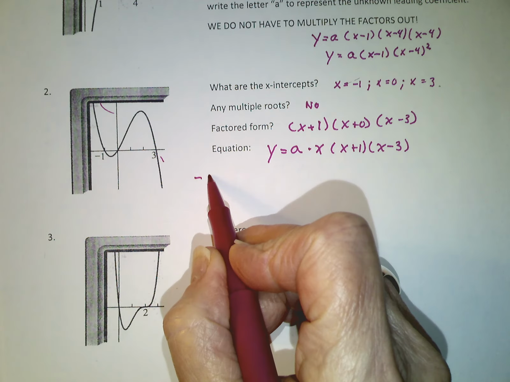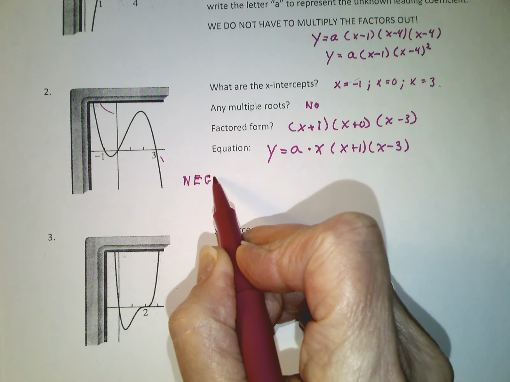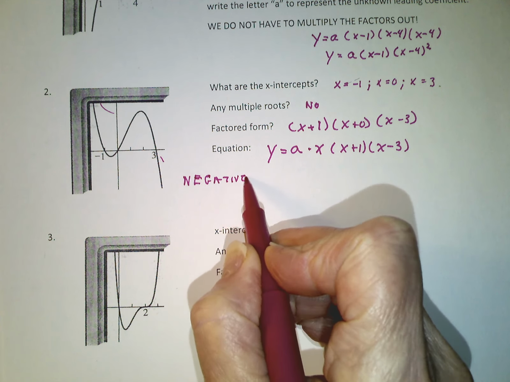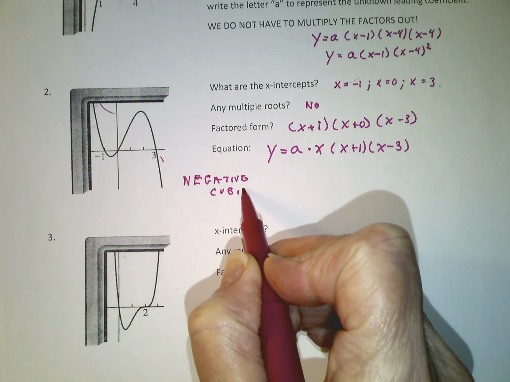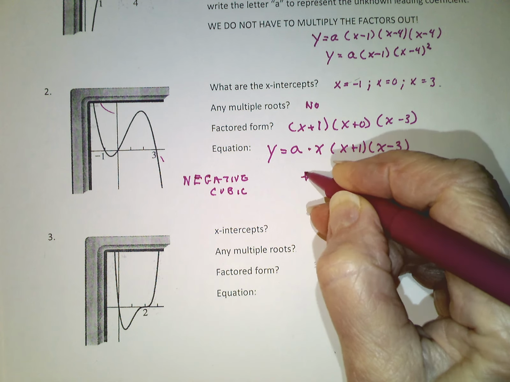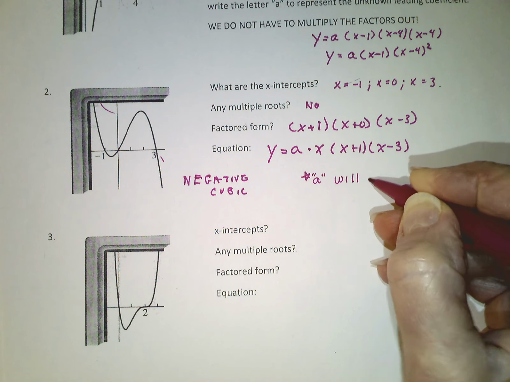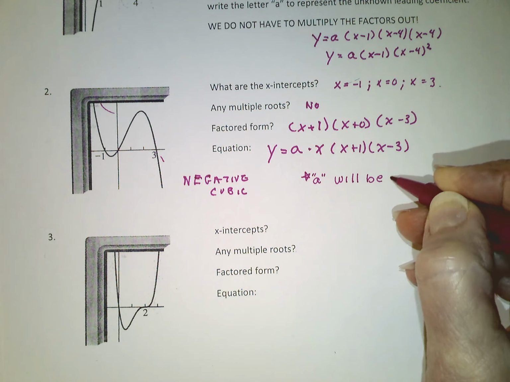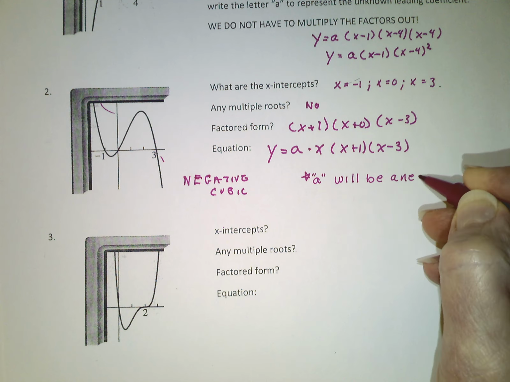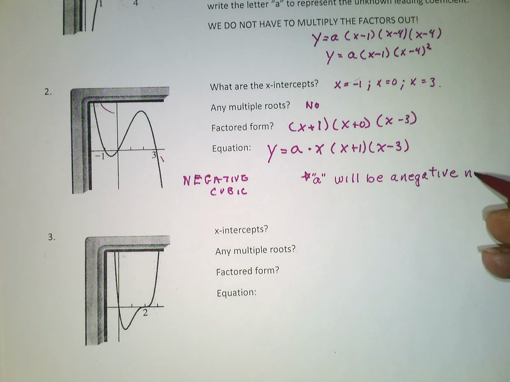So this is going to be a negative cubic, which means whatever A is, A will have to be a negative number. That doesn't make this negative A. It means that A is going to have to be some negative number. Like A could be -2.